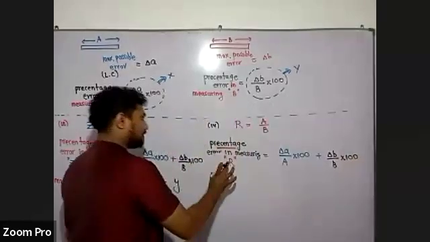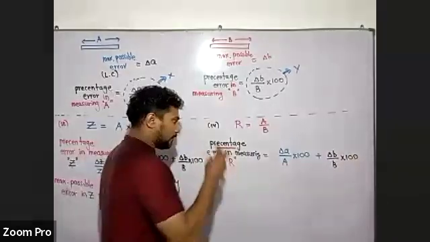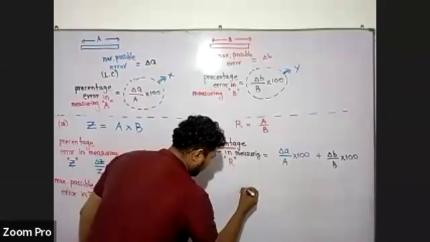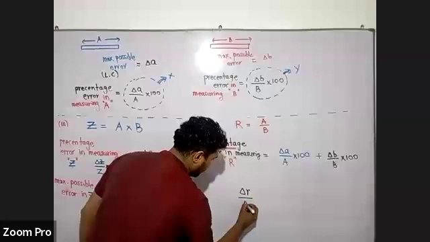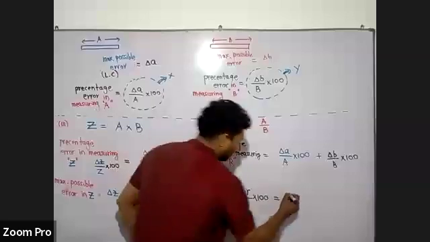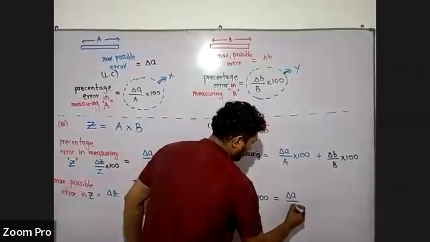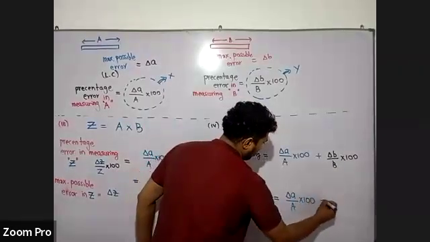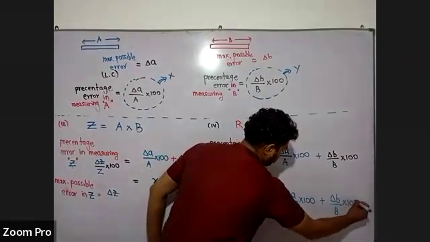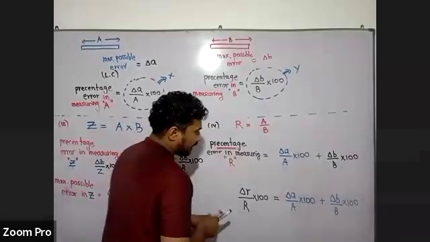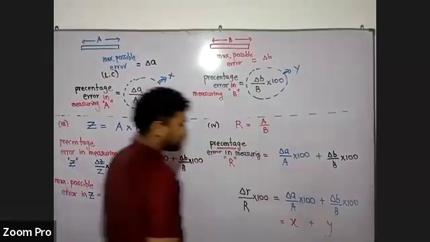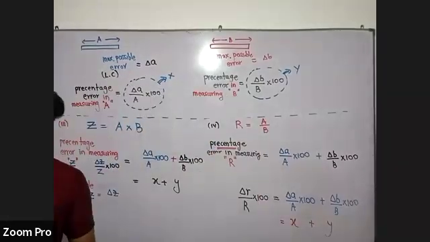Let's assume the maximum possible error when measuring R is delta R. Then delta R over capital R into 100 can be represented as delta A over capital A into 100 plus delta B over B into 100. On the other hand, I can use x and y instead of these two. Okay, just write it down.